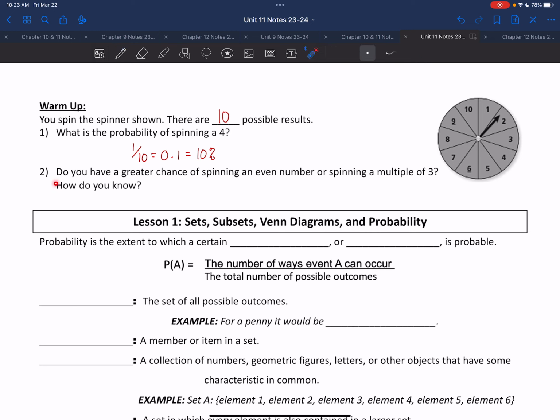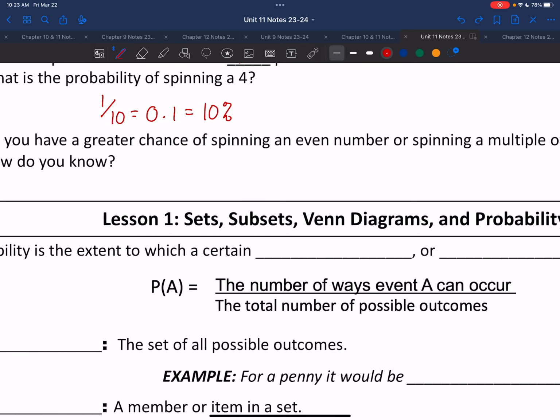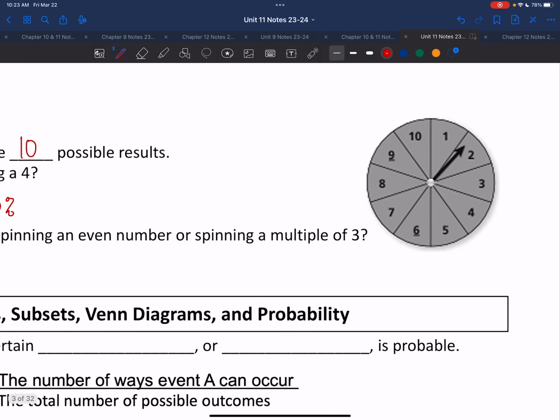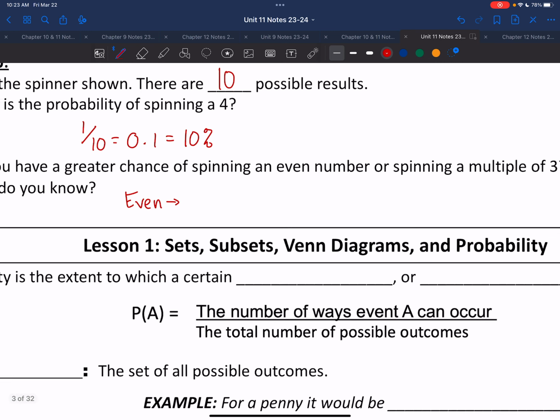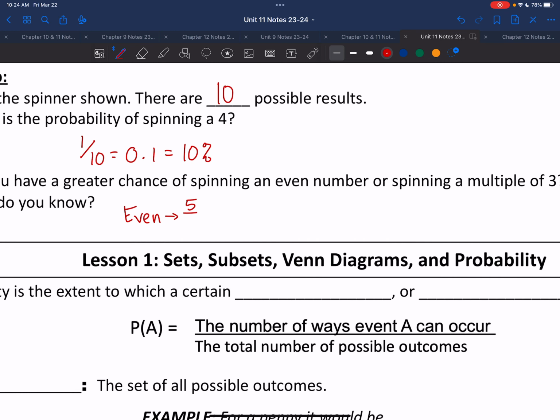Now it says, do you have a greater chance of spinning an even number or spinning a multiple of 3? So with this spinner here, let's try and think like, okay, how many of these numbers are even? Okay, so probability of an even number. If I look at the spinner, I've got 2, 4, 6, 8, and 10. So that means I've got 5 different even numbers out of 10, which is 0.5 or 50%.